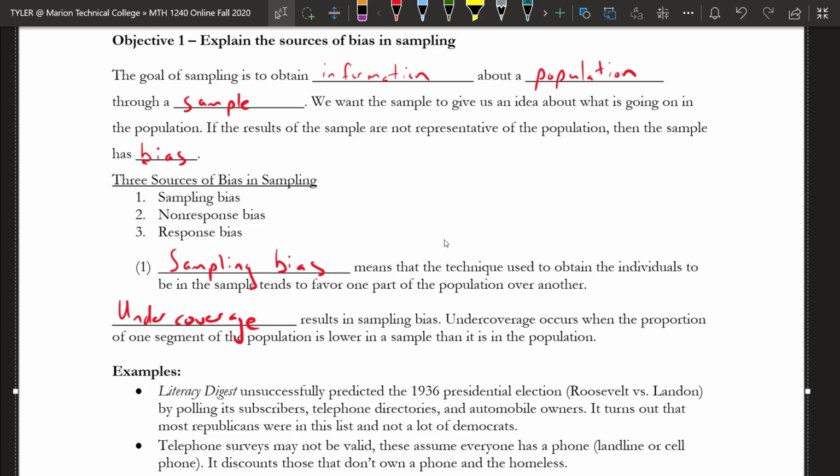If I give you an example, let's say 65% of Marian Tech students are female, but you do a survey and only 40% female respond and 60% are male. Then that could have some kind of sampling bias, and there would be some undercoverage in the female population. That's just one quick example that comes to mind.